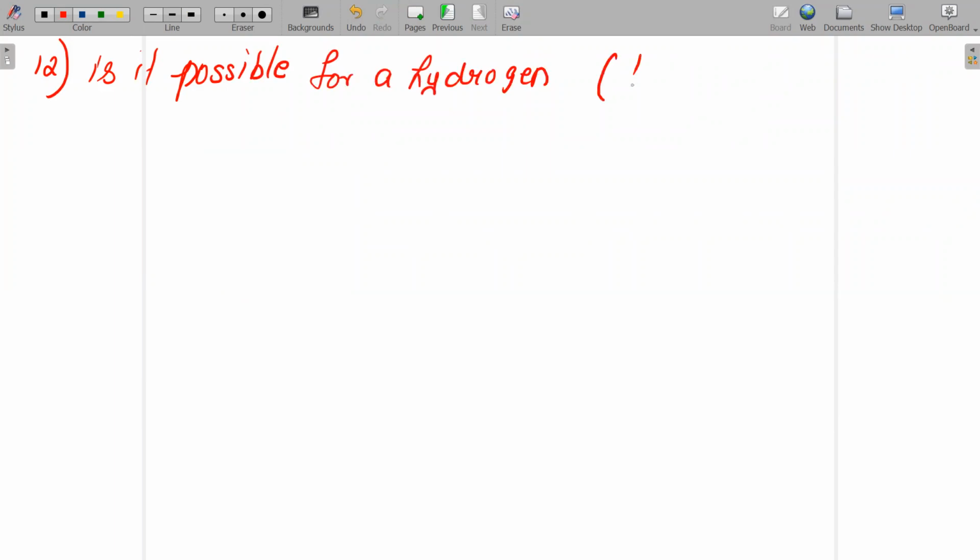Now, one question. This is a little bit tricky question. Is it possible for a hydrogen nucleus to emit an alpha particle? They have given hydrogen, that is nothing but one hydrogen nucleus.